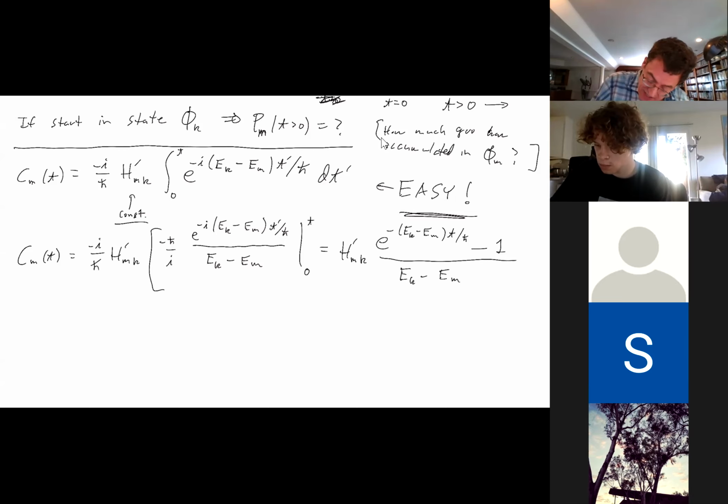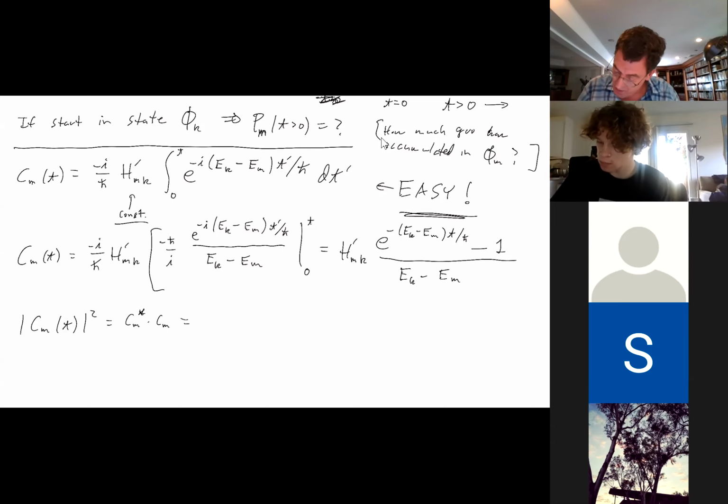But then we got to calculate the probability, so we got to multiply that thing by its complex conjugate, right? That's equal to C_m star times C_m. And so we got to do some trig, some algebra, but I'm going to skip that algebra.